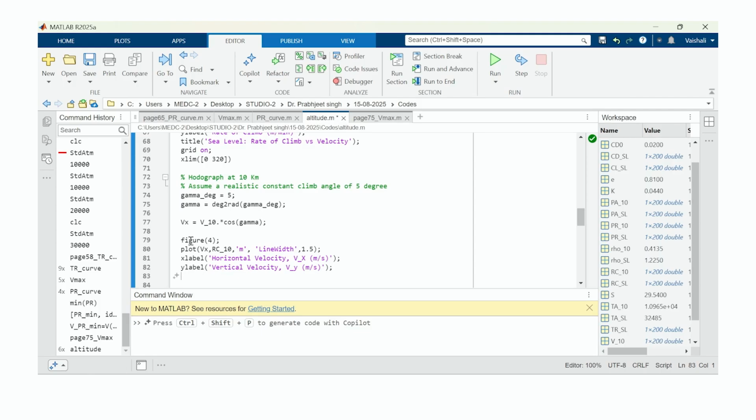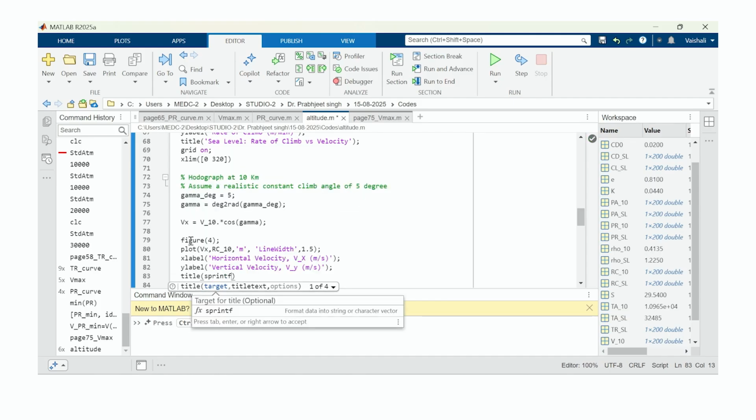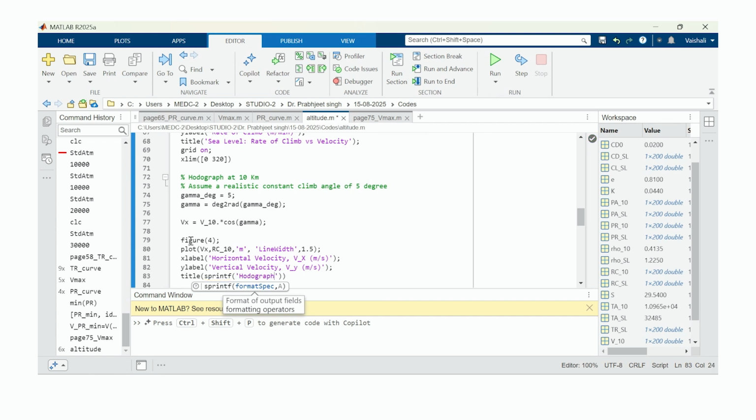And then the title. I'm using a new command over here, sprintf. I'm writing here hodograph, sprintf, hodograph, again brackets. So let me write here gamma equals percent 0.1 f, and we close this bracket.